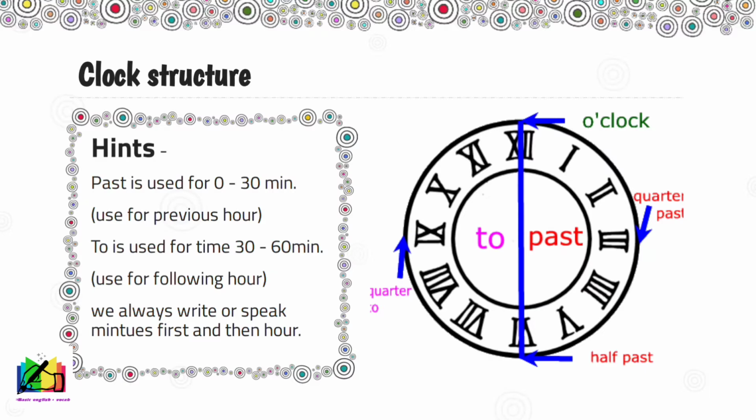And if I say it's 12:40, how would I say this? 40 comes into the 30 to 60 minutes, right? And here I have to use the following hour. So first of all, I will speak the minute. It means 20, because here 20 minutes are remaining to be 1 o'clock. So I will say 20 to 1.